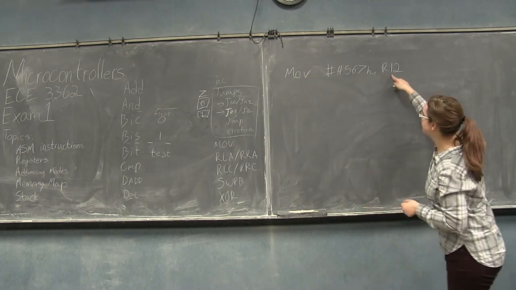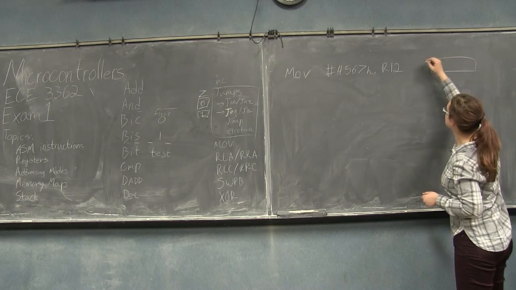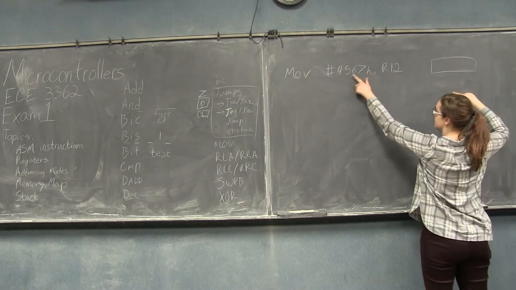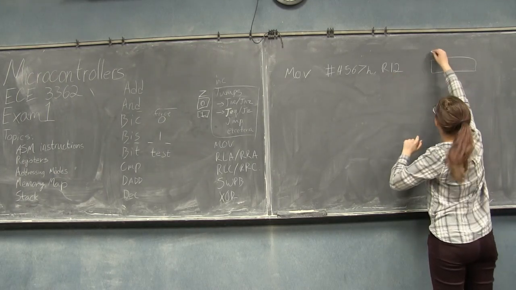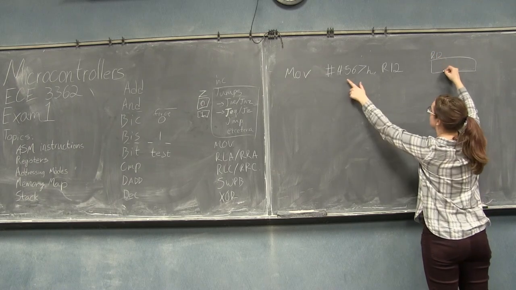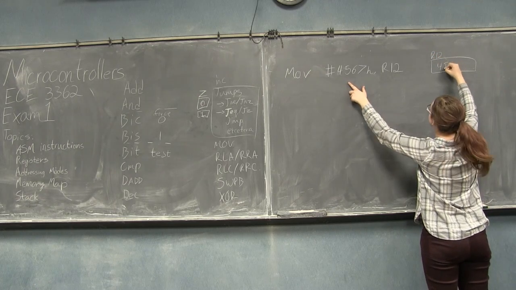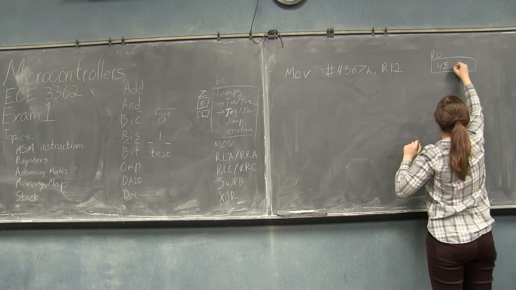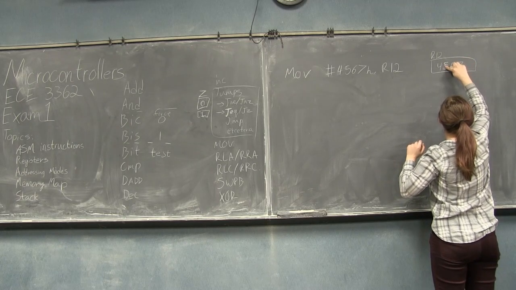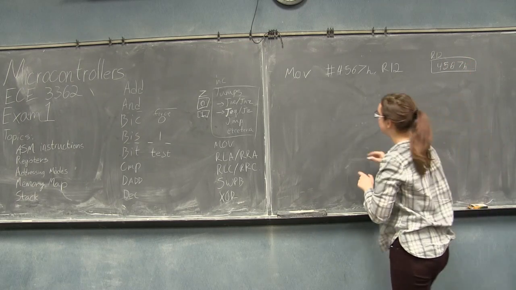So say you have this. At the end of this line, R12 has the content of 4, 5, 6, 7 hexadecimal.